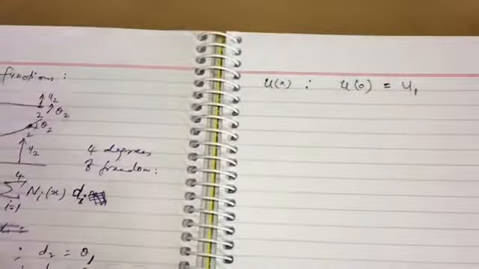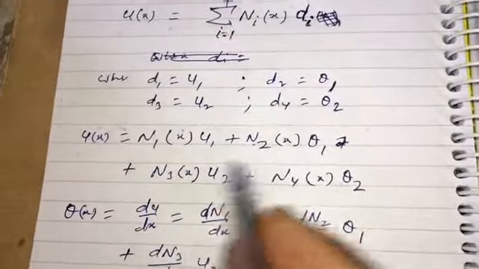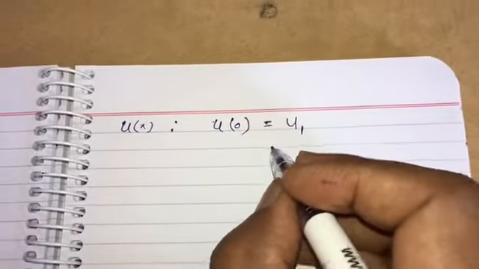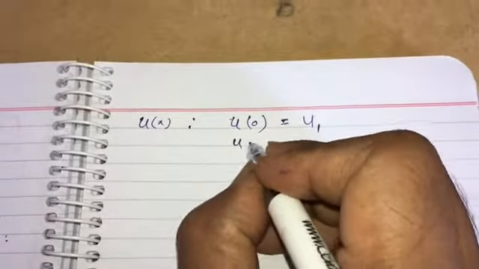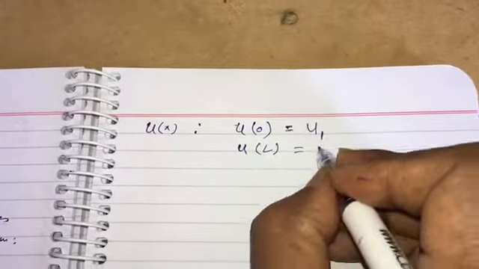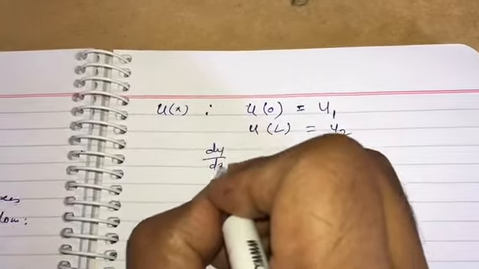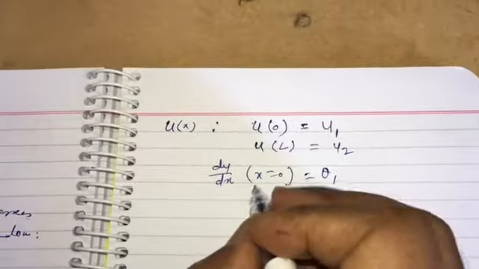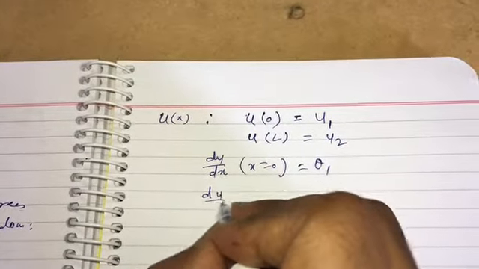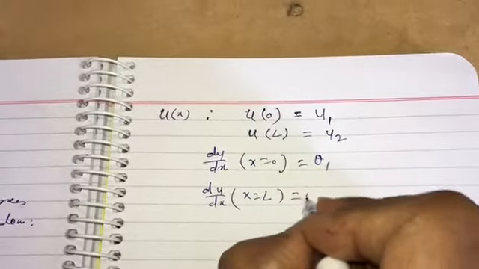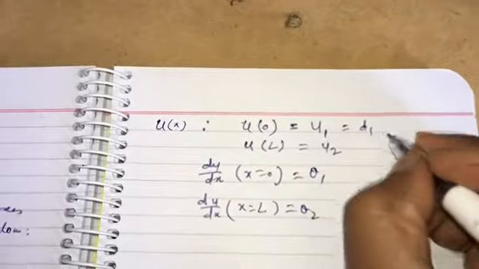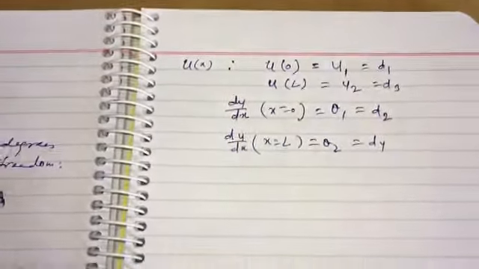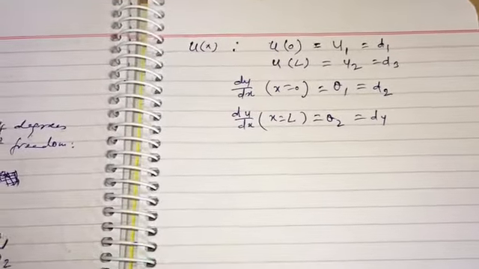So the expression for ux is given here, but this is subject to u0 equal to u1, then uL is equal to u2, then du over dx at x equal to 0 is equal to theta 1, and du over dx at x equal to L is theta 2, or we call it d1, we call this d3, we call it d2, this is d4. So these conditions also have to be satisfied.